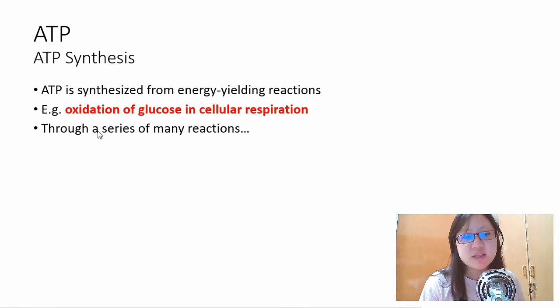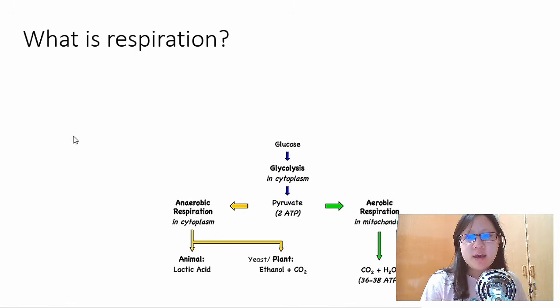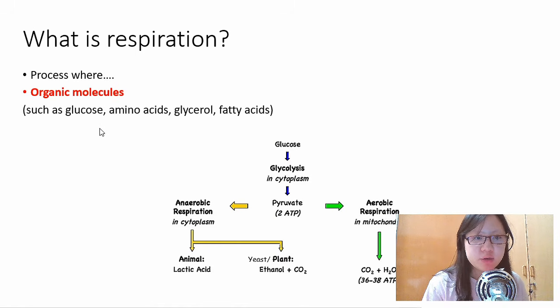But the truth is, it is more complicated than that general formula. We are going to be learning in next video how this general formula came about and what exactly happens in between. All of this has to do with a process called respiration. And here is the definition. It is the process where organic molecules such as glucose, amino acids, glycerol, fatty acids, note that it's not just glucose.